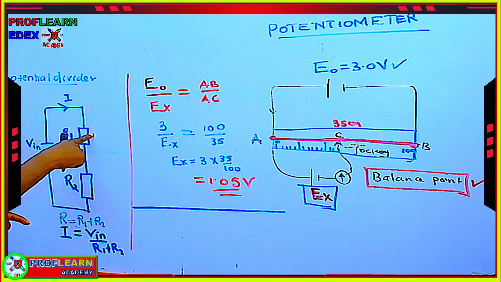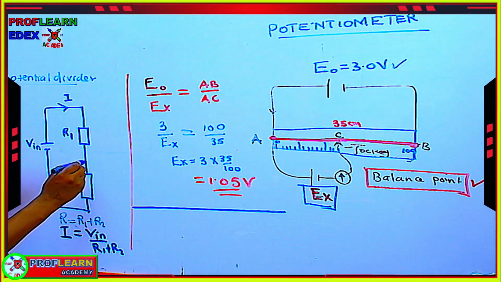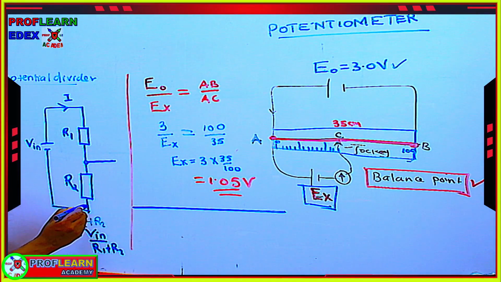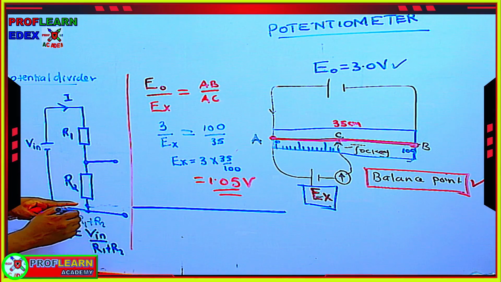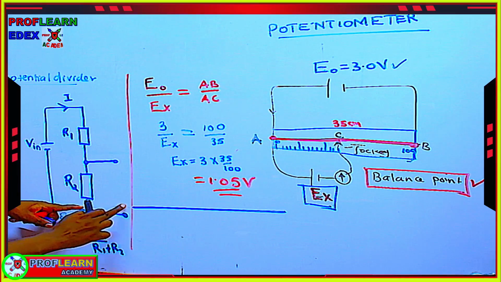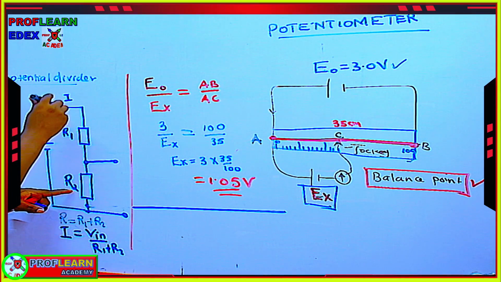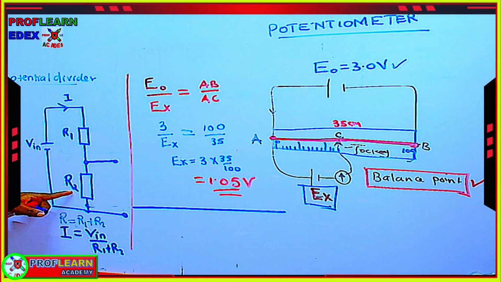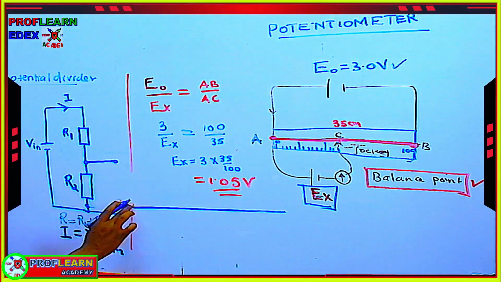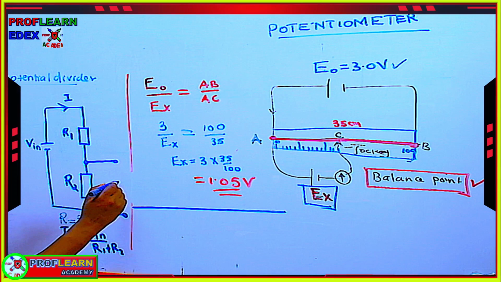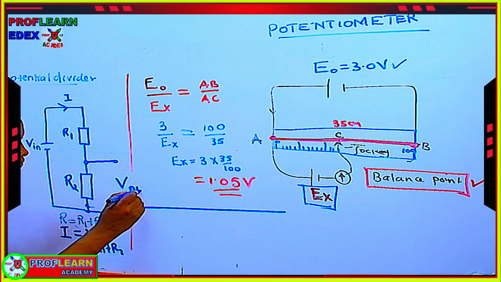Current in this resistor is the same as current in this second resistor. So if we are trying to tap a voltage from this end across resistor 2, the current passing through resistor 2 is the same current passing through resistor 1. Then if we want to know the PD across this resistor, we are going to call it V out.